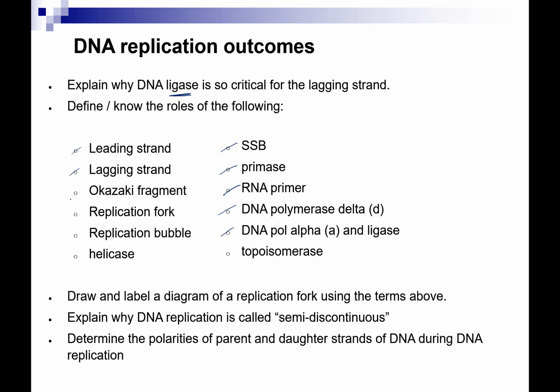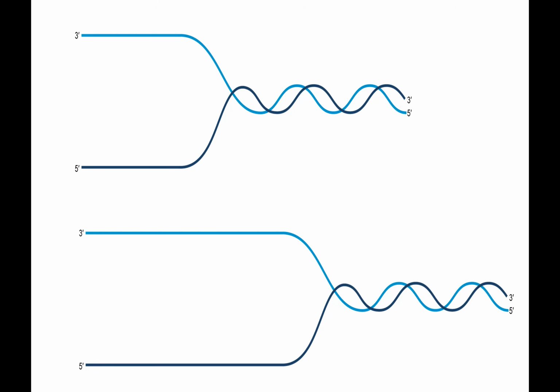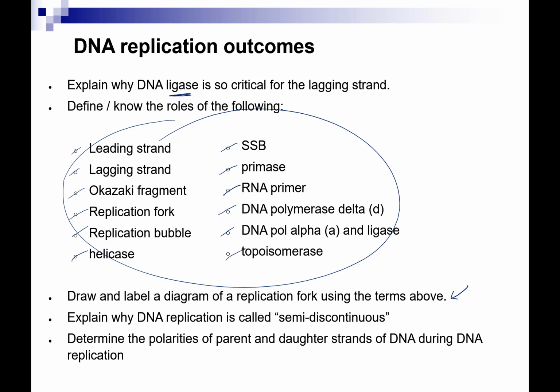Leading, lagging strands, Okazaki fragments, forks and bubbles, and helicase and topo. This is where I suggest you use these terms on this figure above. Try it out. Semi-discontinuous, we talked about because of leading and lagging. Polarities are talking about 5' and 3'.